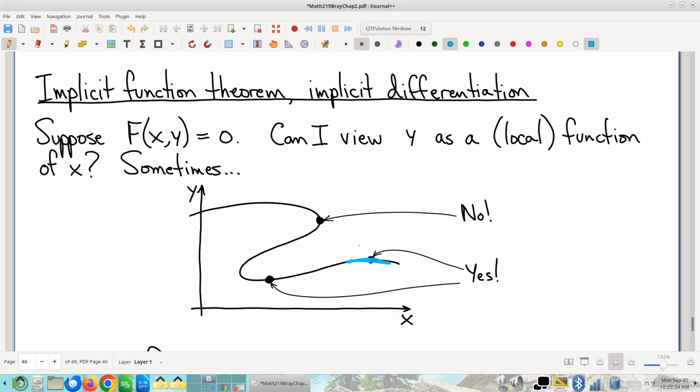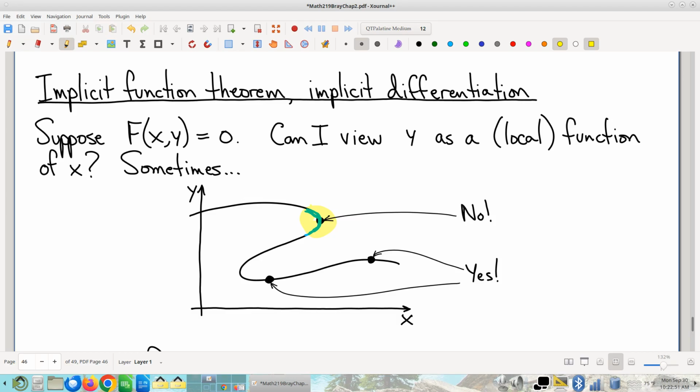So the obvious failure is at this point up here, where you can see no matter how little of the curve I look at near that point, no matter how local I want to get here, it doesn't matter how much you restrict your attention. Just some nearby little region, it's going to fail the vertical line test, no matter how little you're talking about.